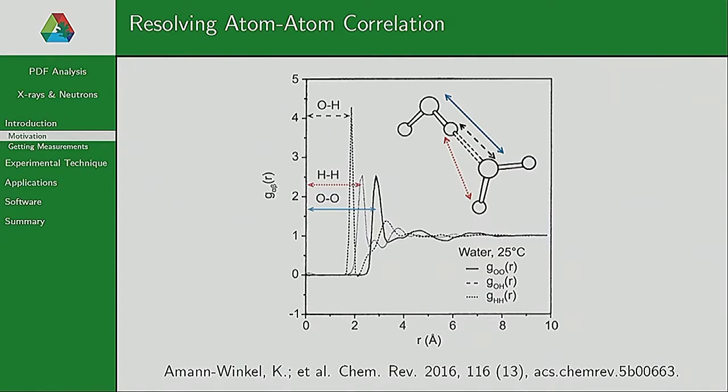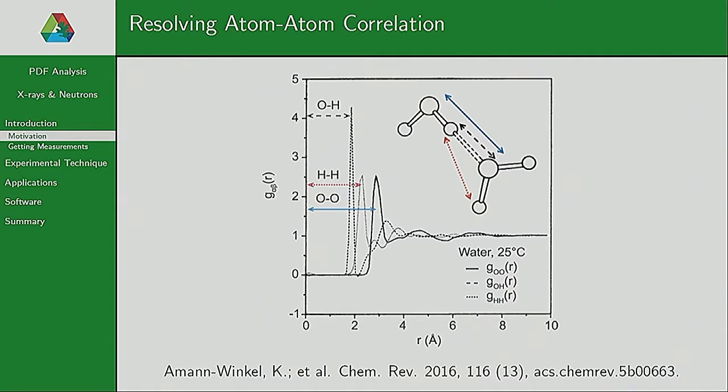From there, we can start considering more interesting systems where we have different atoms and elements. In the case of water, we have 3 different situations that can happen. The first is we can look at the correlations between oxygen-oxygen bonding, and they'll have their intrinsic bond distances.